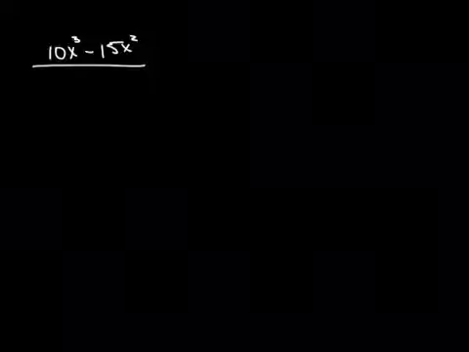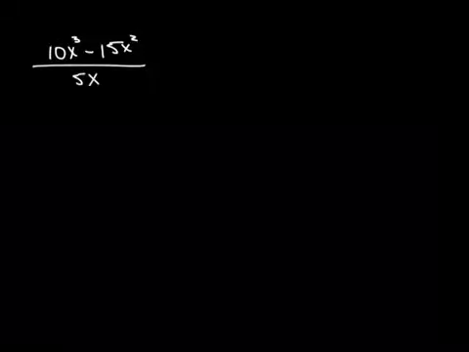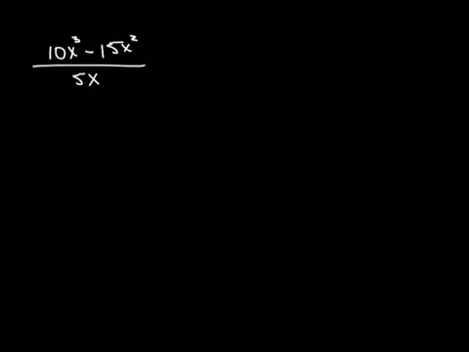Example 1 says divide 10x cubed minus 15x squared by 5x. Alright, so the book has a way of doing this. It's a little bit different than what I do.